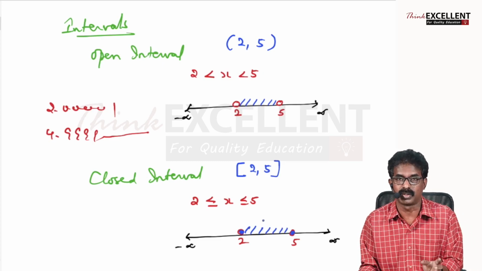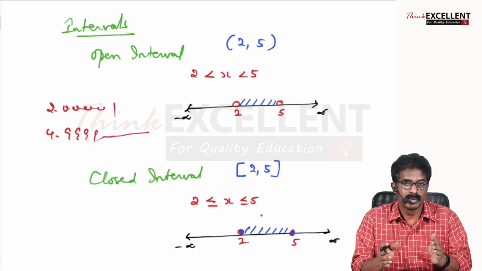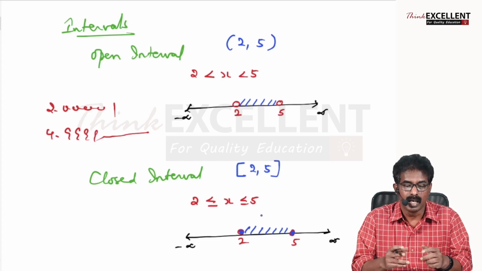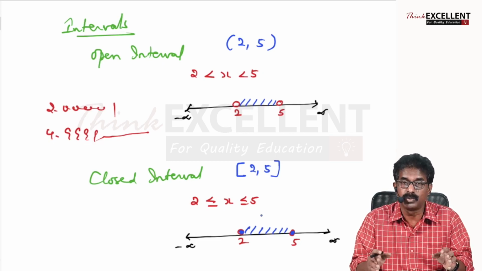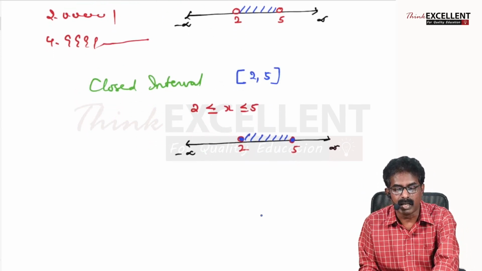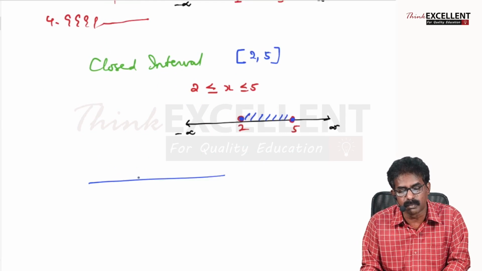Okay, how to denote the interval, using what? Symbol, right? Open interval, one bracket, and closed interval, we use another bracket, square bracket. And in number line, how to denote, in inequality, how to denote, okay, that's important. Suppose I'm giving something like this.